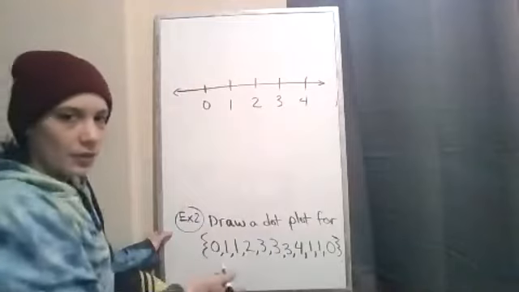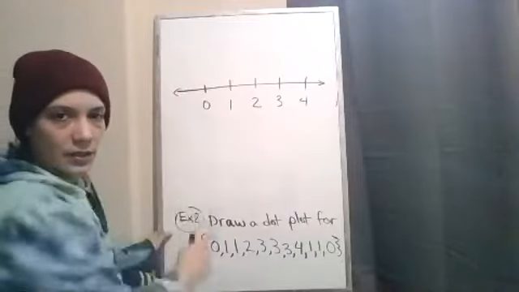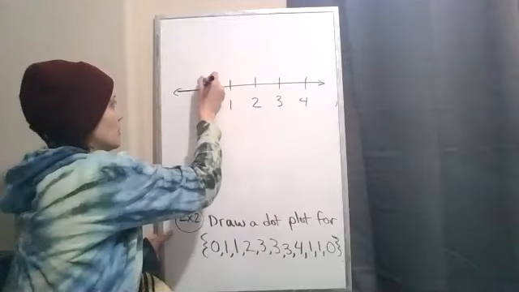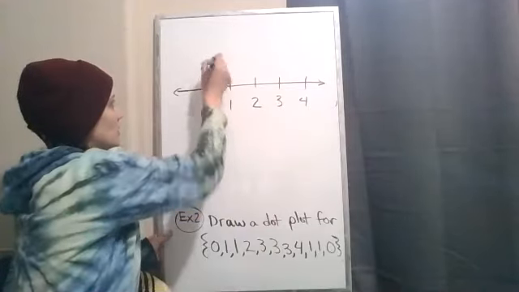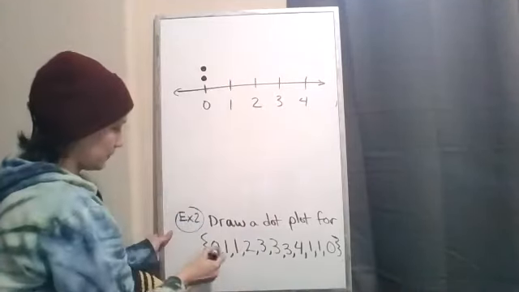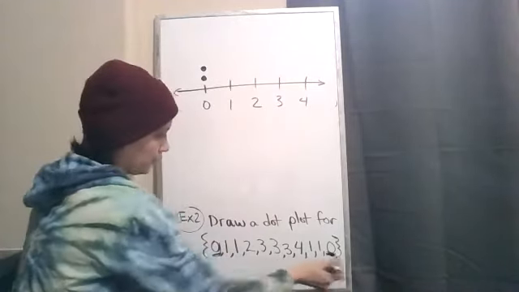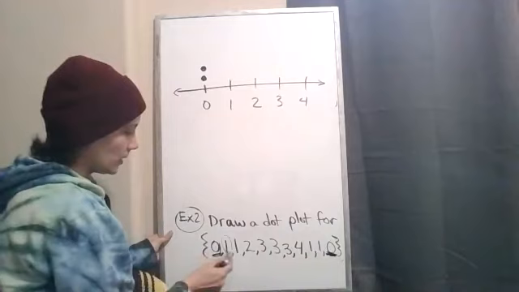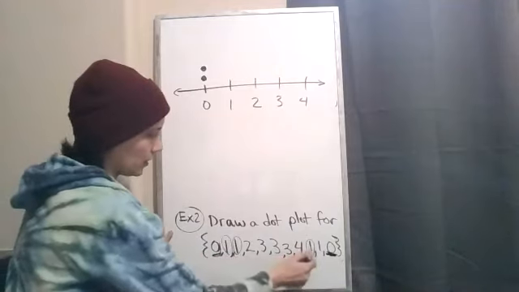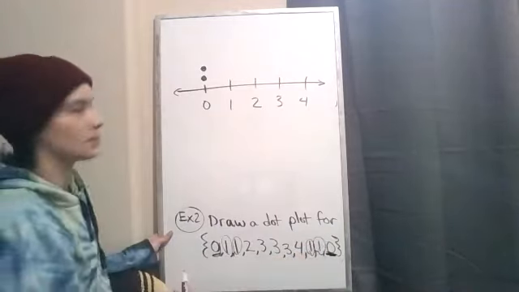Let's just go left to right. 0 occurs twice. 2 dots. For 1, 2, 3, 4. We have 4 dots.